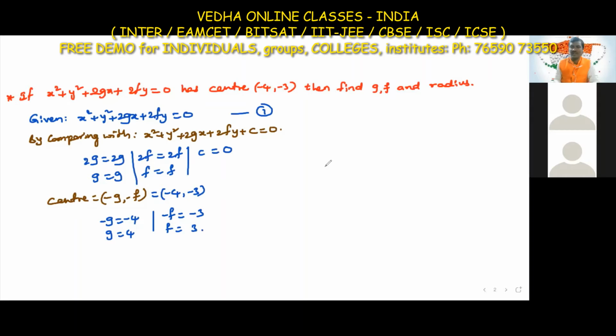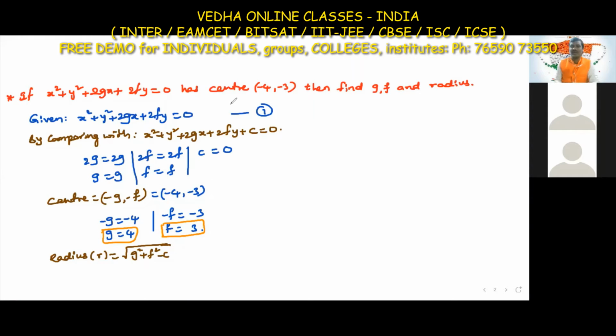Now we got the g, f and c values. Now he is asking the radius of the circle. What is the formula for finding the radius? Radius r is equal to under root of g square plus f square minus c.